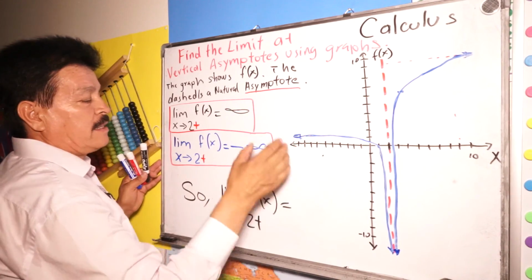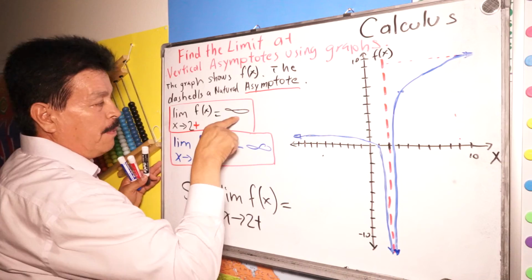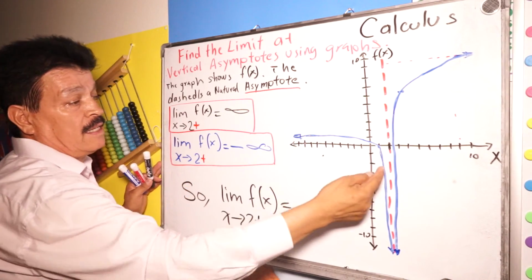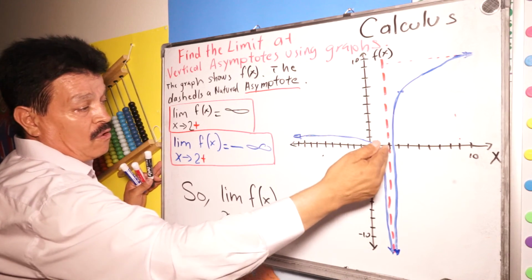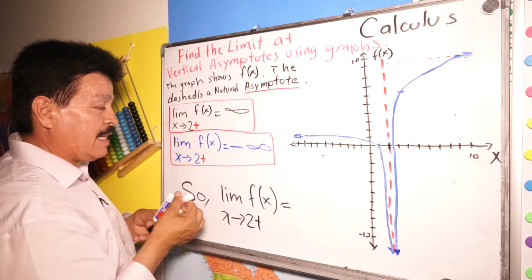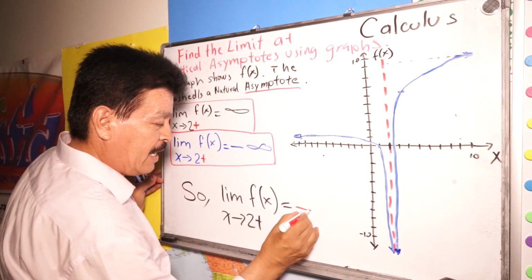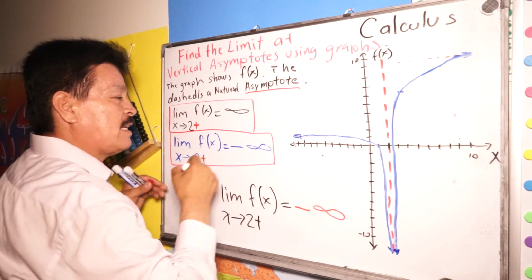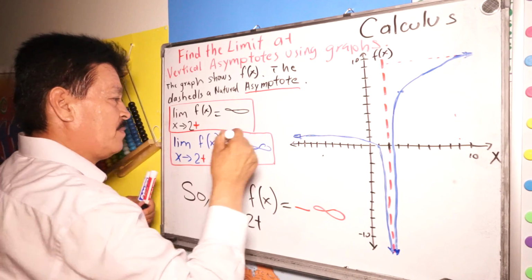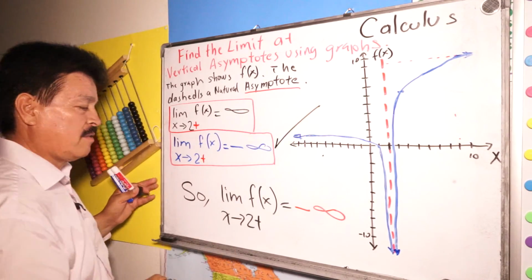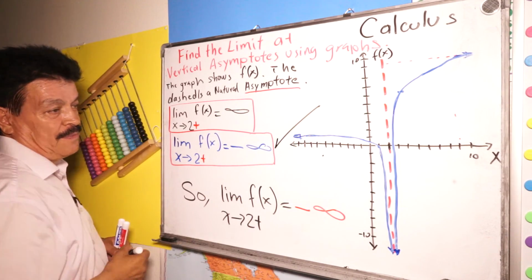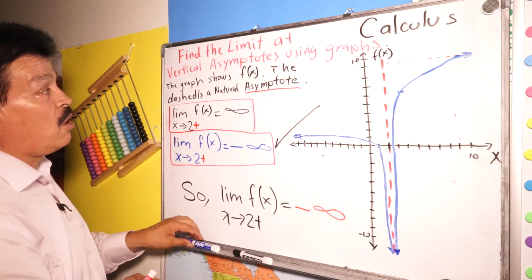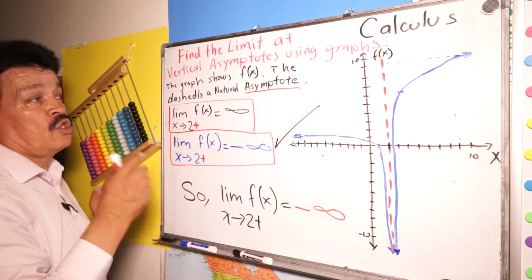Is the infinity positive or negative? See the graph. Of course it's negative. So it will be negative infinity. This one is the right answer. That's it. Simple. Just identify the limit at the vertical asymptote using the graph.